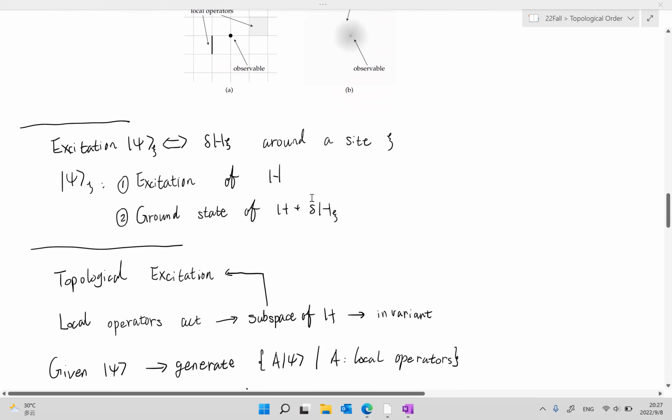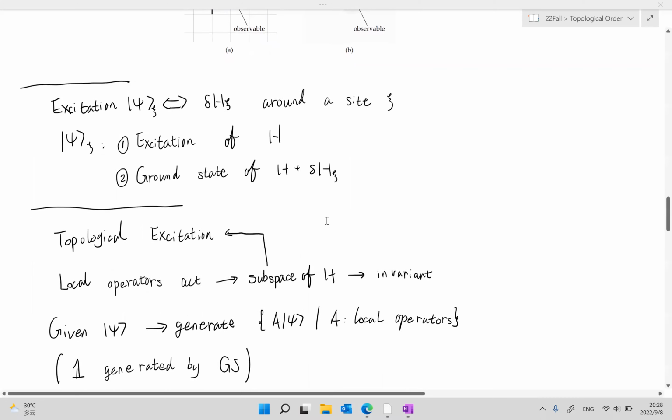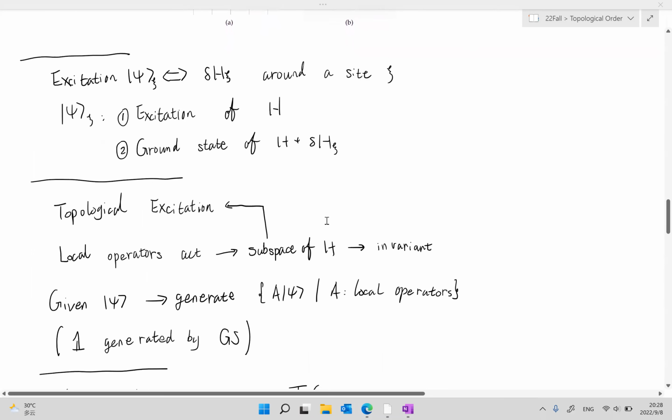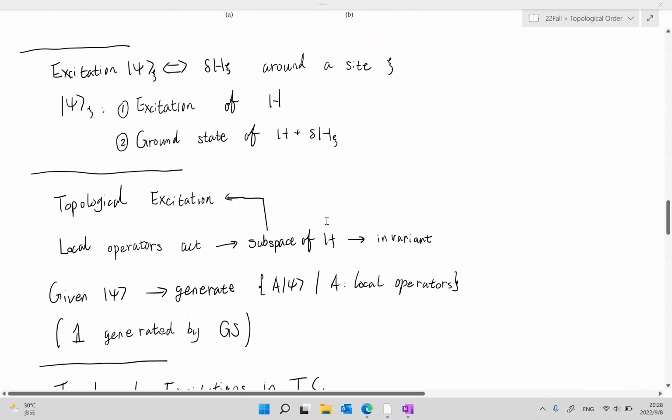Actually, we will use the second point of view more often. Once we see an excitation, we can view it as an extra term in the Hamiltonian that traps this excitation. This leads to the topological defect.